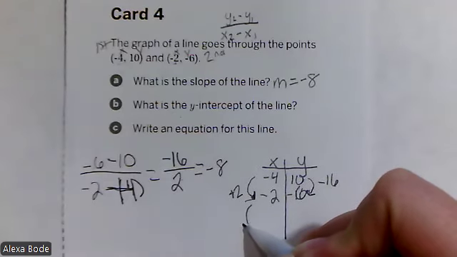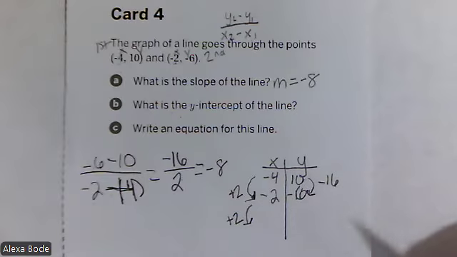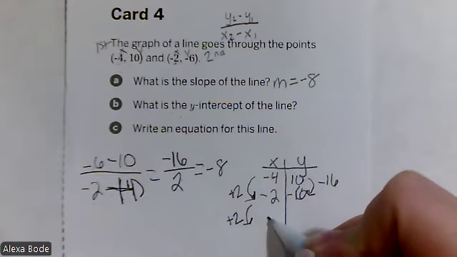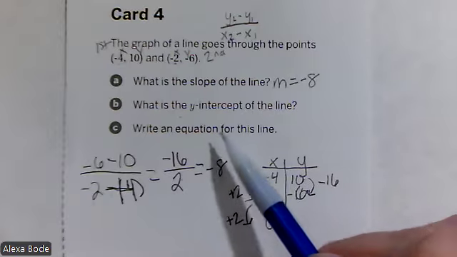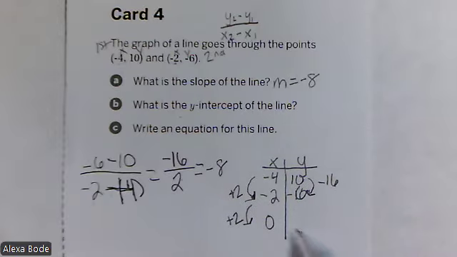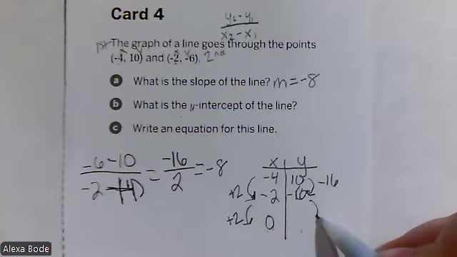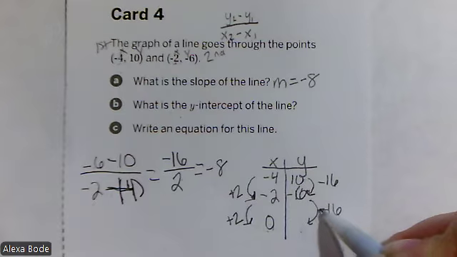So if we went +2 again, -2 plus 2 is 0. Our y-intercept is whatever y is when x is 0. So if I'm going +2 and getting 0, I want to follow my same pattern and do -16 here.